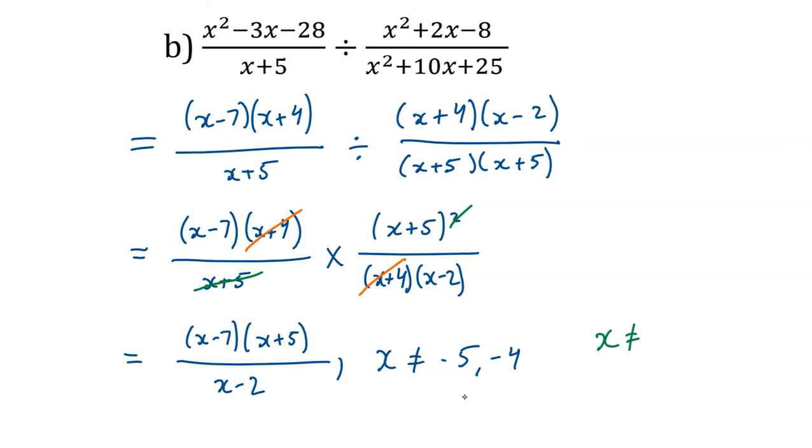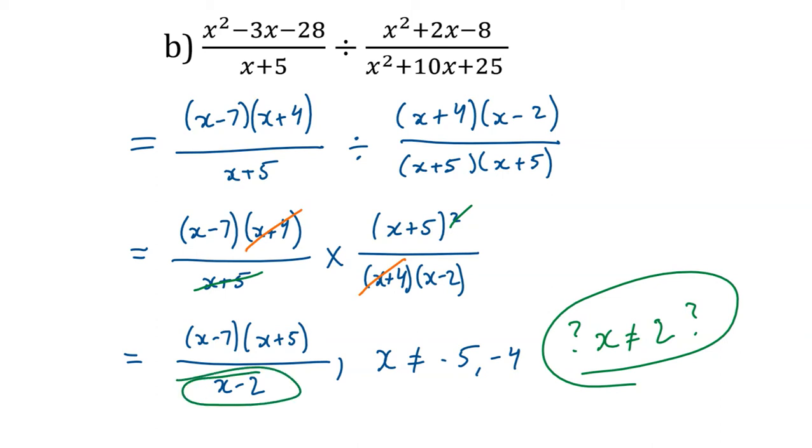It's not wrong to include it, but the reason why I wouldn't bother to include it is because these expressions actually will be equivalent when x equals 2. They'll both not work. This will still be dividing by 0, and you can't divide by 0, so it will give me an undefined result.